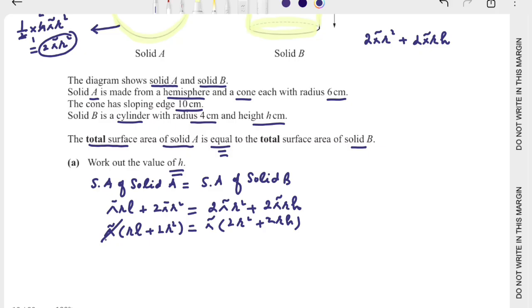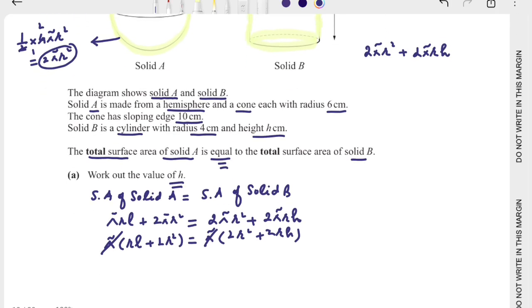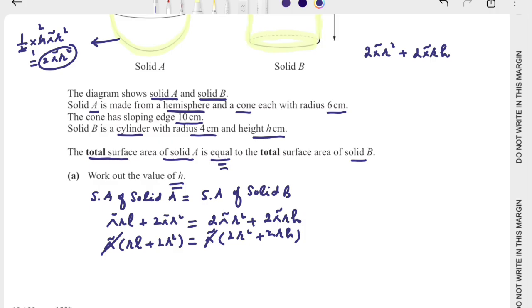Value of pi will cut by value of pi. Now substitute values. Radius is 6, and you can also take radius as common. So it will be r L plus 2r, and here also you can take 2r as common. So it will be 2r times r plus h.